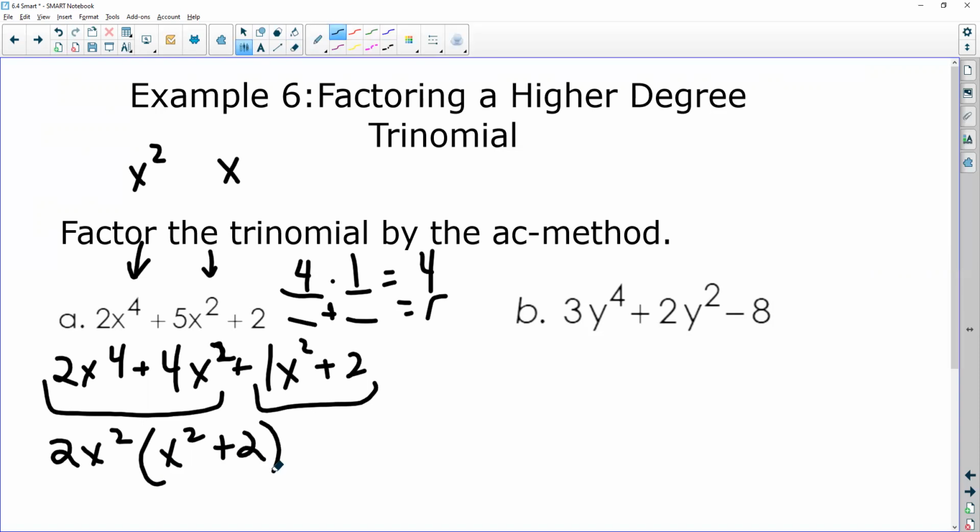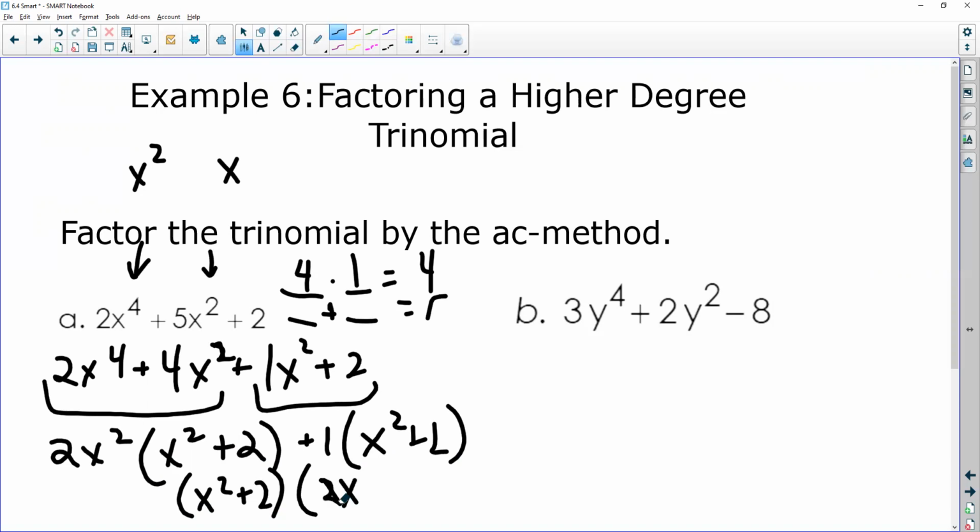And then on the next one, I don't have anything to pull out. I'm just going to pull out 1. x squared plus 2. And then I'm going to group or collect. So I have x squared plus 2 is the common binomial. And then 2x squared plus 1 is what's left. All right, that's all this is. Do not let just one new picture in there freak out the whole thing.